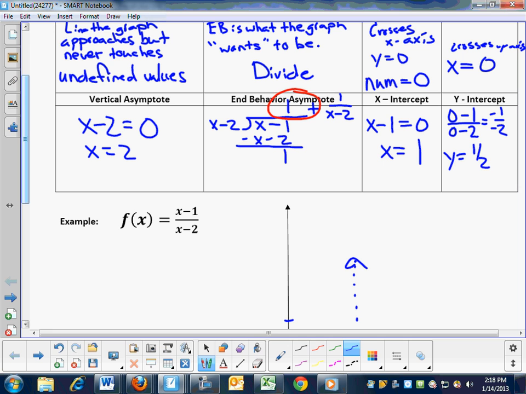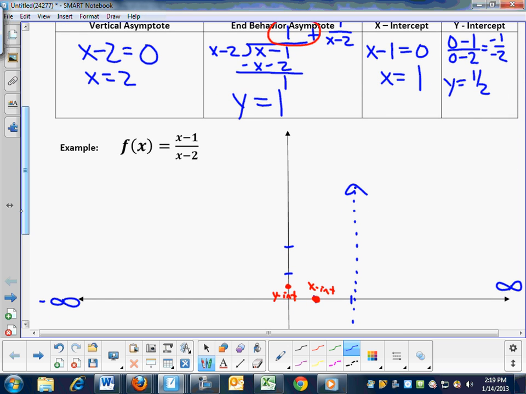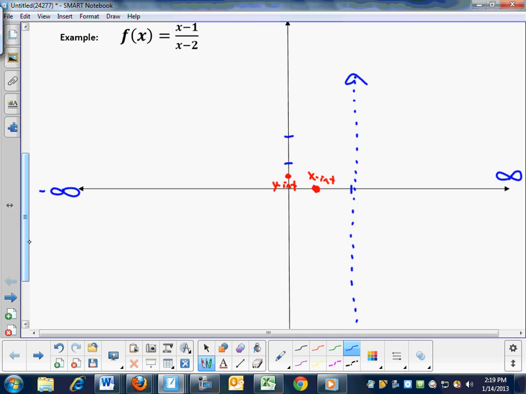So this graph wants to look like y equals 1, but it doesn't for a special spot on the graph. What does the graph of y equals 1 look like? Good, Danny. It's a horizontal line that passes through positive 1. So I draw that graph as my end behavior graph right there.